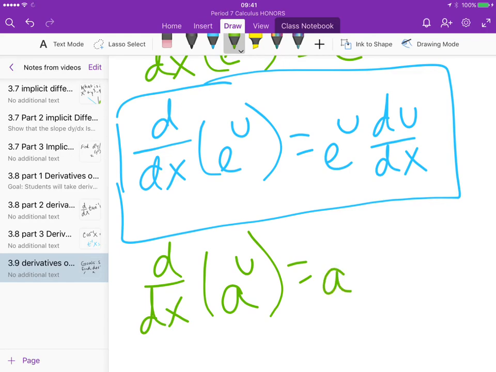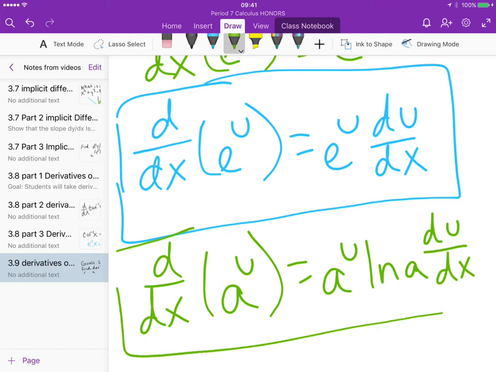And so we take a^u times ln(a), multiplying by whatever the derivative of u is as well. So these are our two big take-homes for today's lesson: finding the derivative of e^u and finding the derivative of a^u.